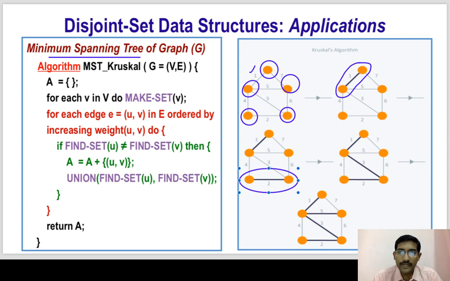Now if you remember, there are certain operations which we do that are basically operations over disjoint sets. For example, whenever in this graph we tried to choose the edge 3, we found that this edge connects nodes of two different components. One is this and one is this. So we can add this edge here. Now if we want to add this other edge, we see that it forms a cycle.